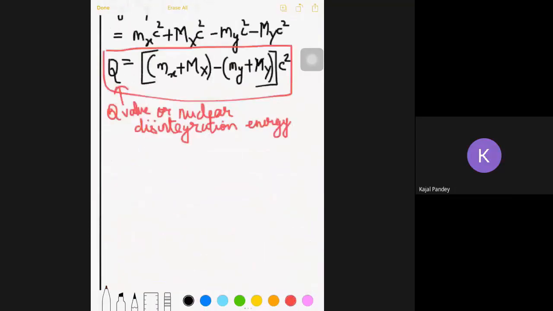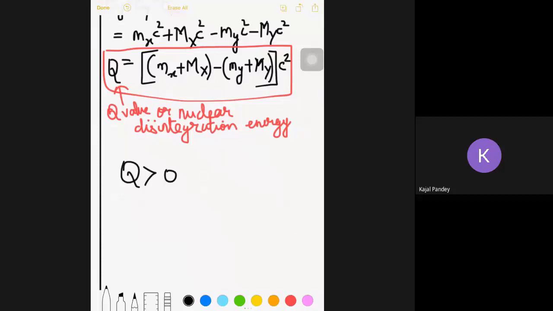Now see, we know all these rest masses of the nuclei by using something called mass spectroscopy. There is the Bainbridge mass spectrometer and other mass spectrometers from which you can find out the masses of all the nuclei, and they are known to us. So we know the mass of the projectile, mass of the ejectile, mass of the residual nucleus, and mass of the target nucleus.